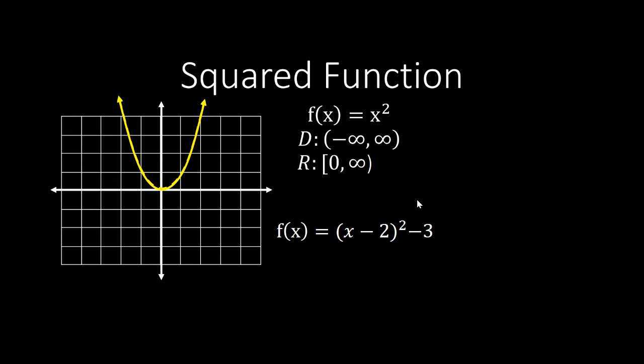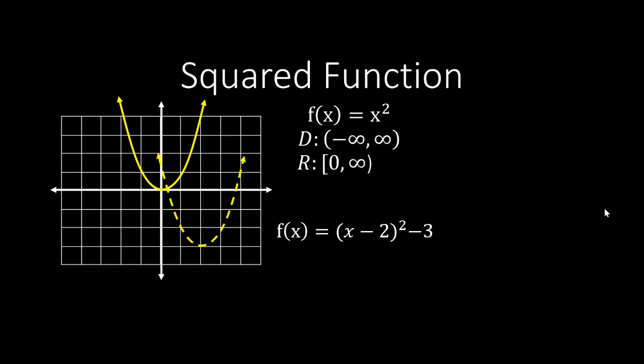Again, this is a quadratic equation, which means this is a transformation of this graph right here. And all this is saying is I'm going to take this graph, I'm going to move it to the right 2 places, and I'm going to drop it 3. So if I move that to the right 2 and down 3, it would end up right there.